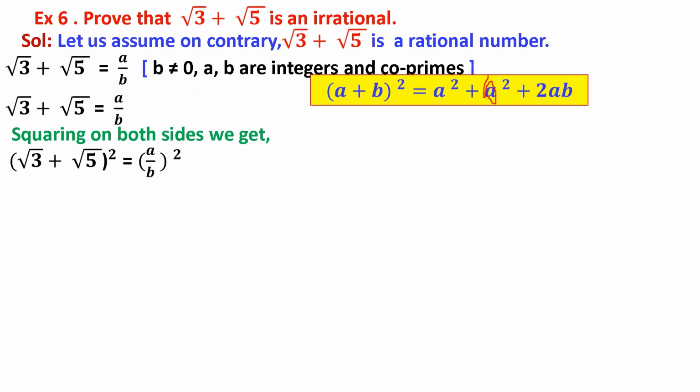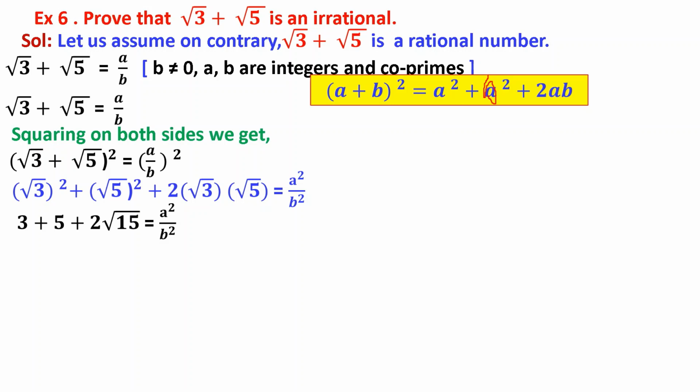Here a square is root 3 square, b square is root 5 square, plus 2 root 3 into root 5, is equal to a square by b square. Now root 3 whole square is 3 and root 5 whole square is 5.